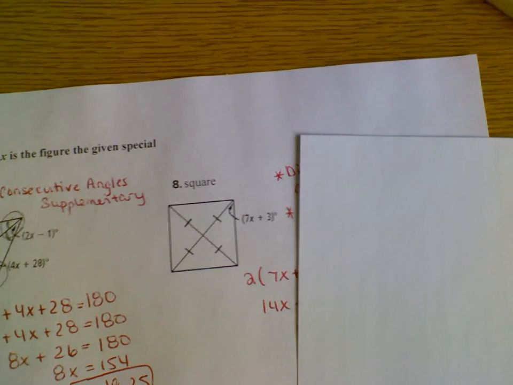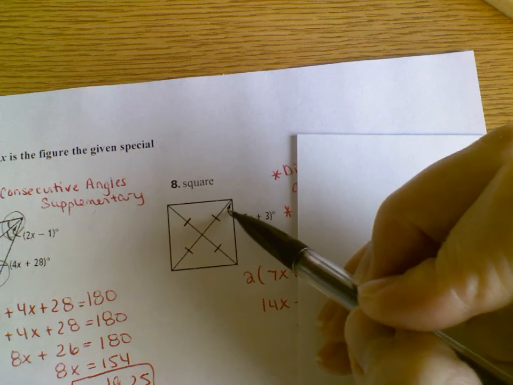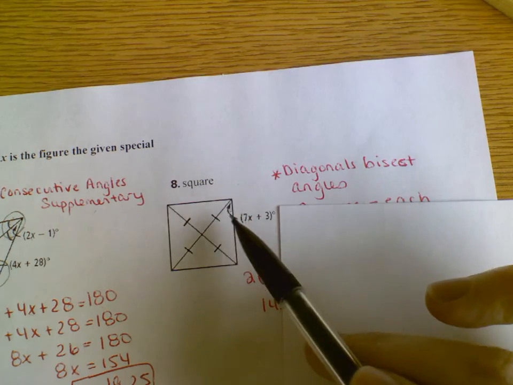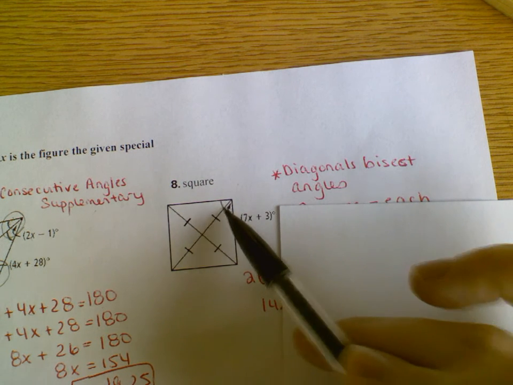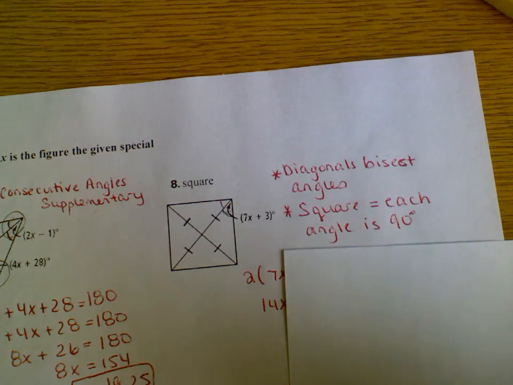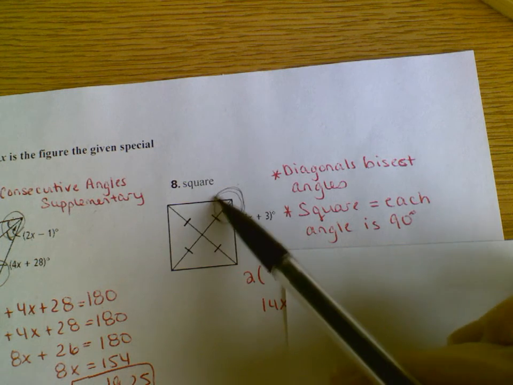So the next one is saying you want to find what x is, so it's a square. So notice they're giving me this angle. So if I have this angle, remember a square will have the diagonals bisecting this angle. And I also know that each angle in a square has to be equal to 90.